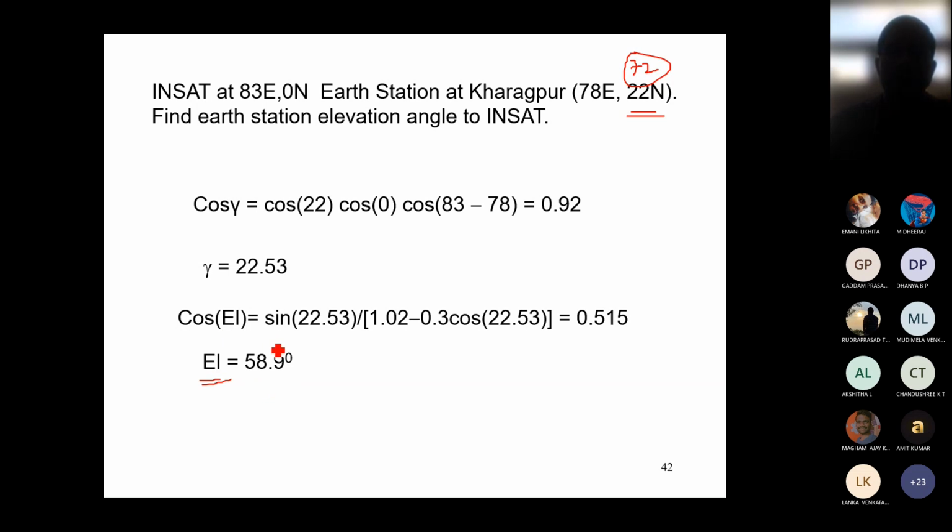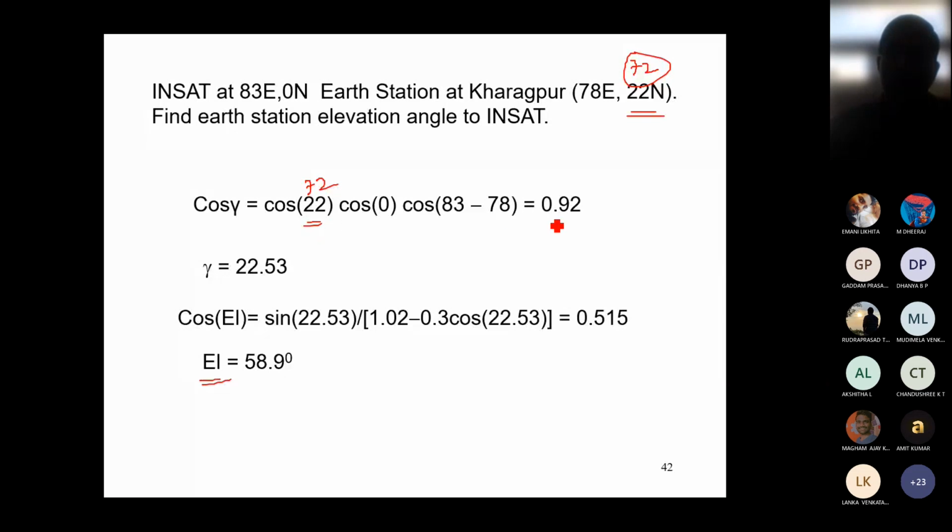So that also you can verify here as well, because we are considering this as 72. So in place of 22, you have to take 72. And you know that as the angle increases, the cosine of that angle decreases, as theta increases, cos of theta will decrease.